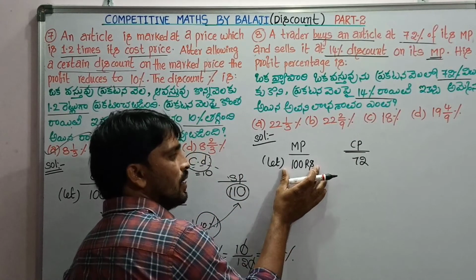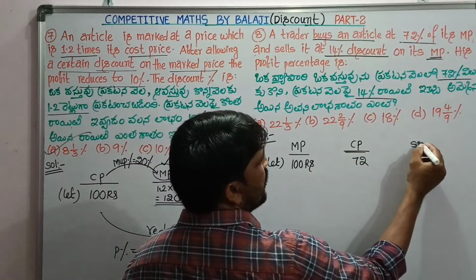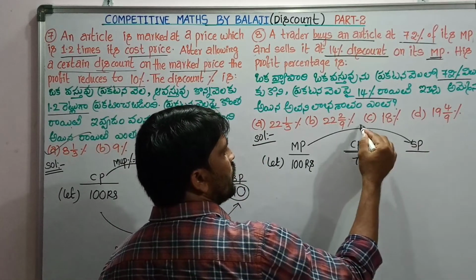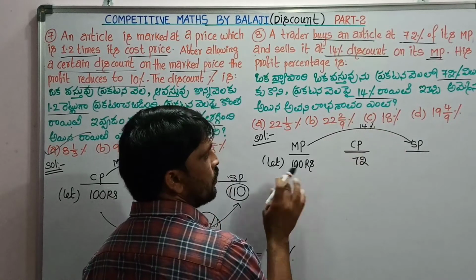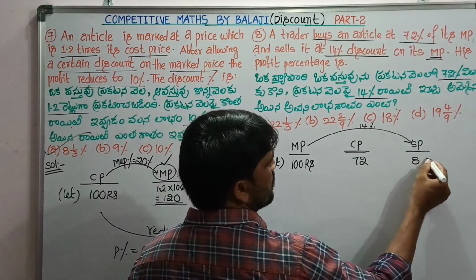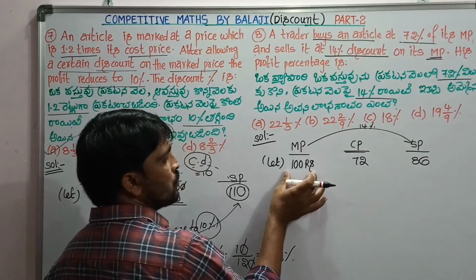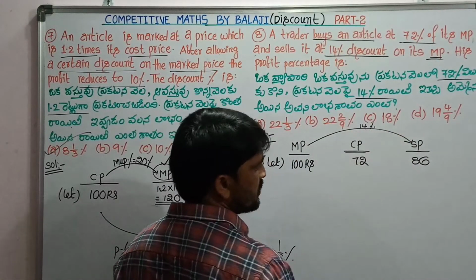So market price is 100, cost price is 72, and then he allows 14% discount on the market price. For every 100 he reduces 14 rupees, so 100 minus 14, the selling price is 86.